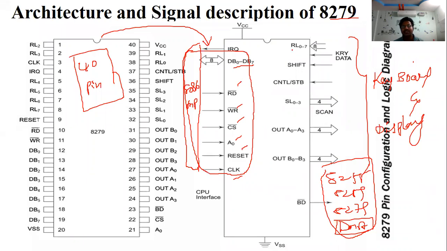This side is RL0 to RL7, the row lines. The keyboard is connected to both rows as well as columns, the row and column address. This is the key data, not a spelling mistake. This is shift. There are 8 rows and 8 columns, which is 64 keys. 8 means 8-bit; RL0 to RL7 is an 8-bit register. If 8 rows are available, then 8 columns are also available: 8 times 8 is 64.